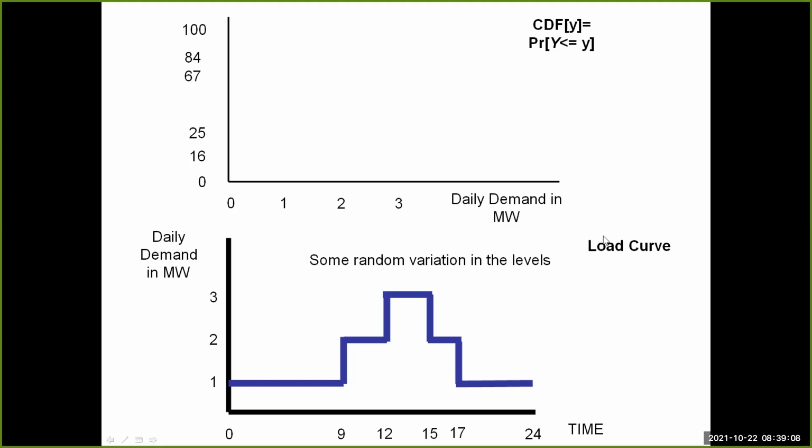So let's see, what would the cumulative distribution function be? We basically say, that's almost the same, but we ask, what percentage of the time is the demand equal or smaller than what we have? So usually we put the percentage on the vertical axis and the amounts on the horizontal. So let's see, what percentage of the time is demand equal or smaller than 0?